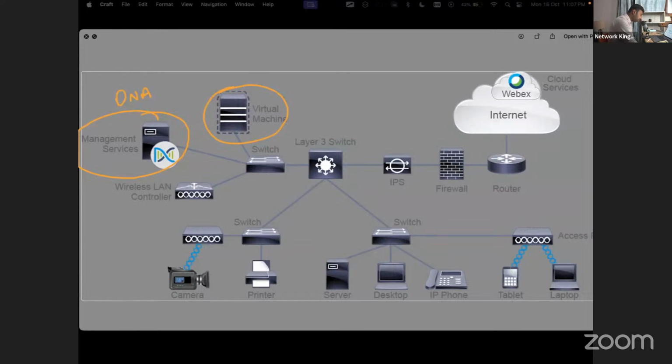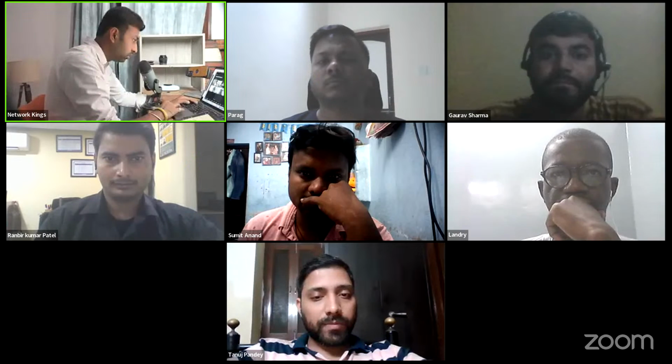Why is this topology showing you a virtual machine? Because in the real world, when you create a machine in the cloud, that's also a virtual machine, not a physical machine. So let me show you. It's very simple.